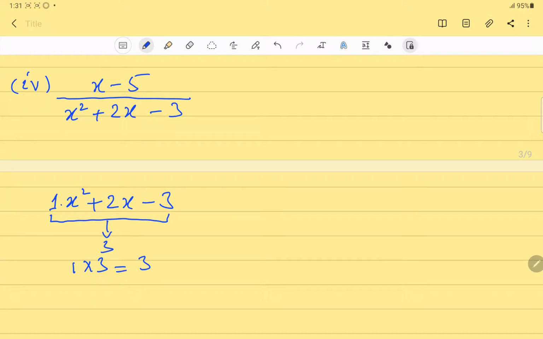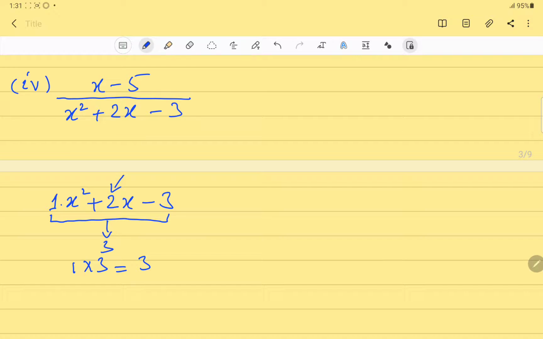Now we have to see if we can add or subtract these two factors to get this 2. So 3 plus 1 is 4 and 3 minus 1 is 2. So it is possible.